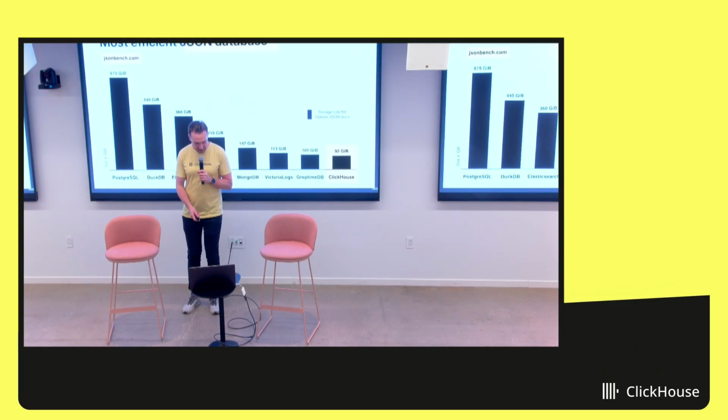Here you can see that Elasticsearch took 360 gigabytes, ClickHouse just 92 gigabytes. But it is not the only problem. Another problem is that Elasticsearch will require massive amounts of memory just to operate.